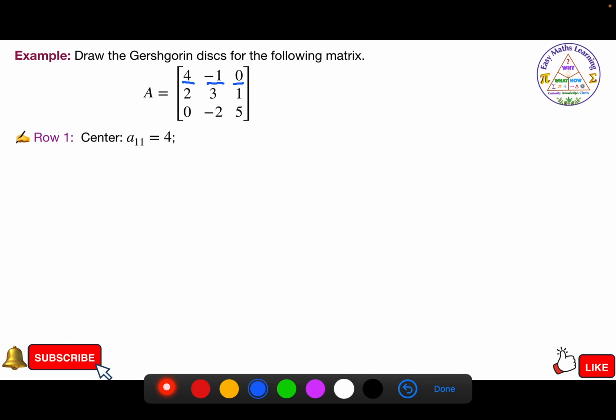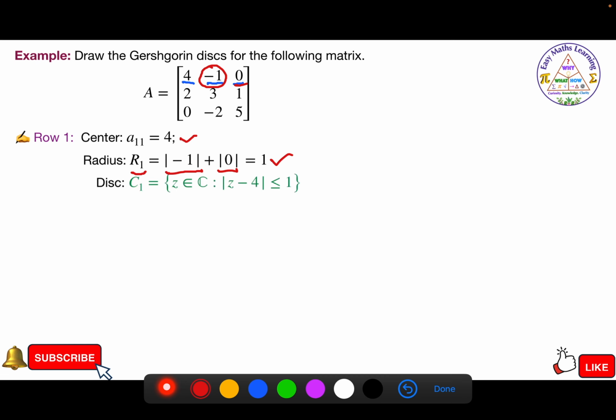So here the center is the diagonal entry, 4. Now we find the radius. Radius is the sum of absolute values of non-diagonal entries. The absolute value of this one is modulus of -1, so we get 1, and for this one modulus of 0 is 0. So we get R1 equal to 1, radius 1. So the disk we get is C1 with center 4, that is A11, and radius 1.